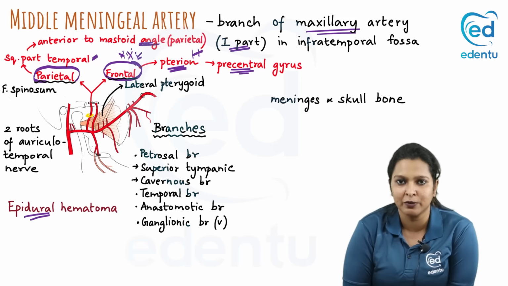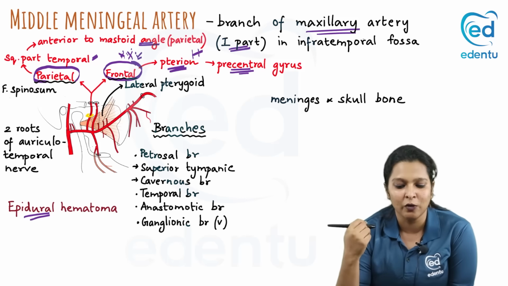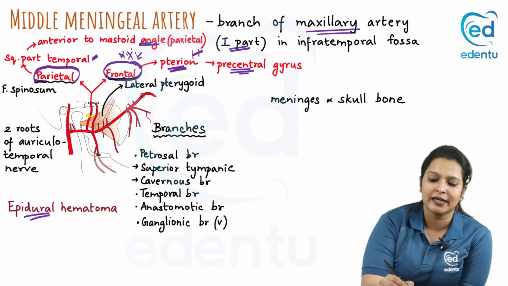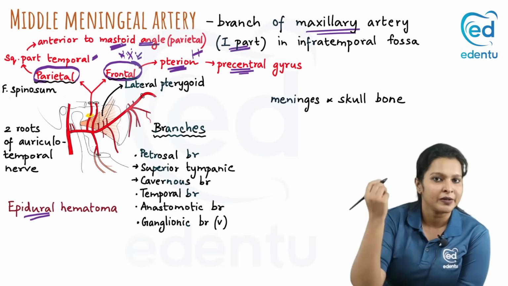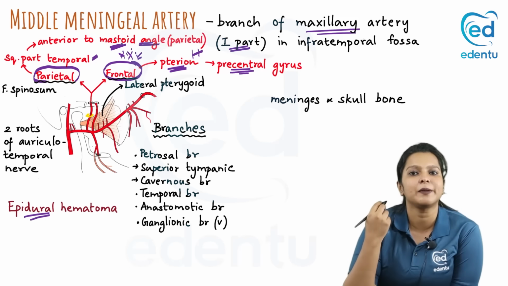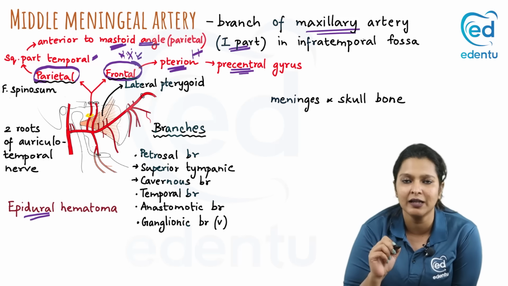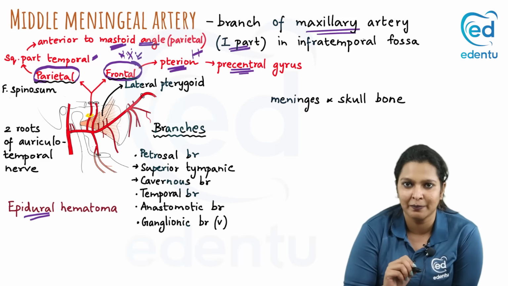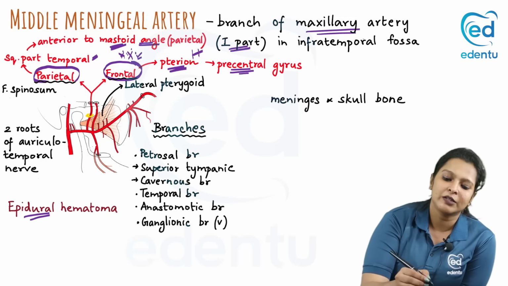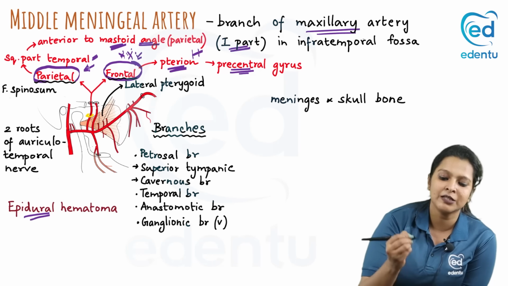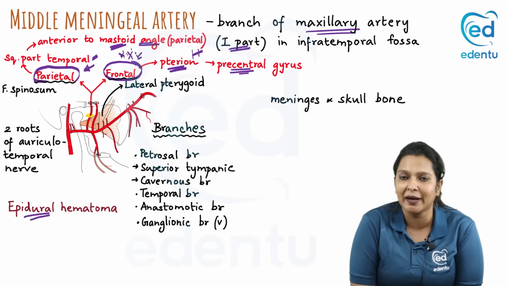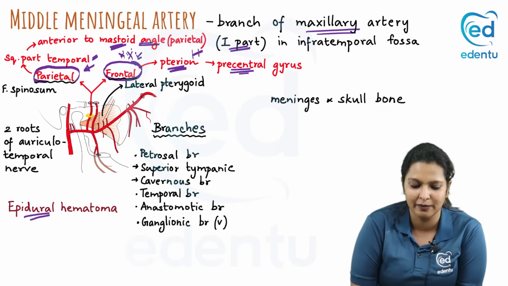These are the major bones. The parietal bone has an angle called the mastoid angle in its posterior inferior aspect. That is where this parietal branch approaches. So, the second branch is the parietal branch that reaches towards the mastoid angle of the parietal bone.